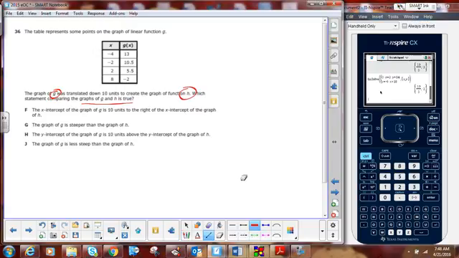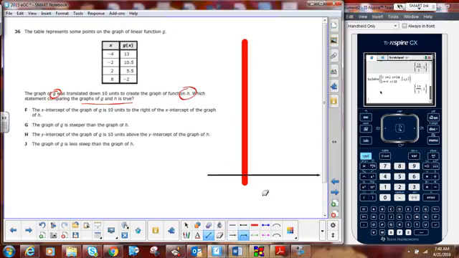This is what I always tell my kids: when you're dealing with the graph or with transformations, you're moving over the y or over the x. Imagine this is g: for negative 4 it's 13, negative 2 it's 10.5, 2 it's 5.5. So this is your g.